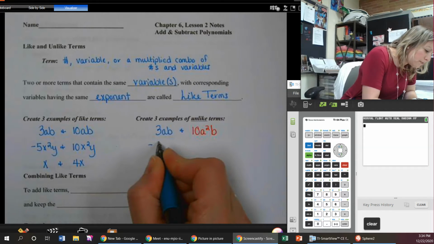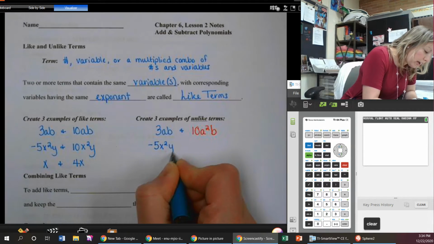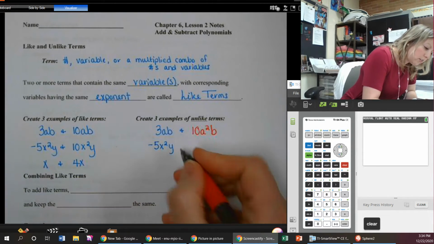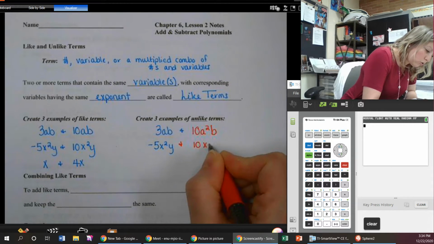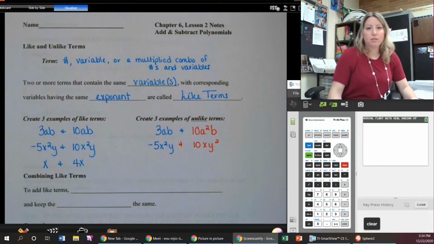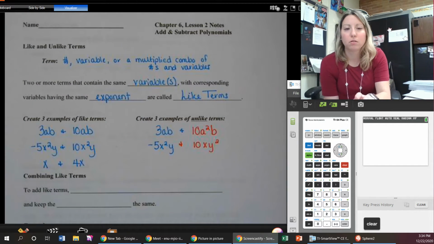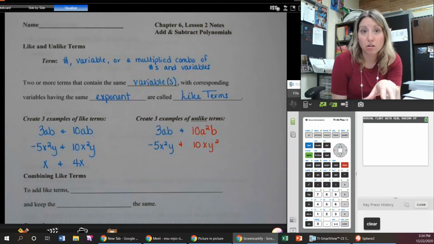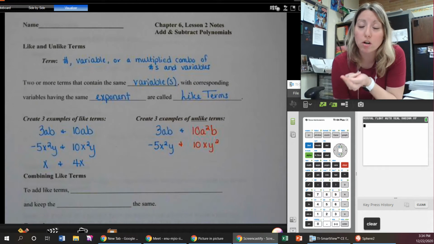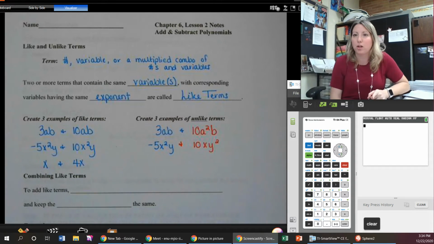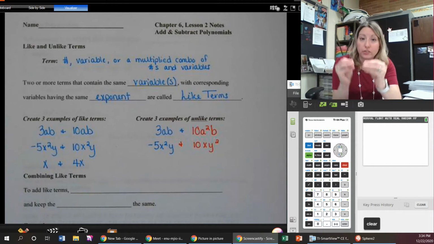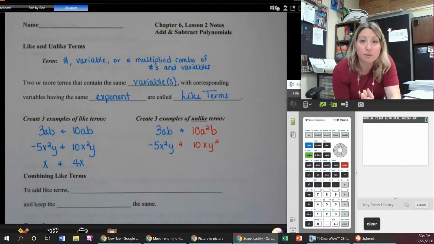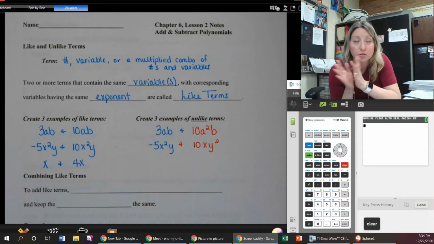Sure, negative 5x squared y and 10xy squared. They're unlike terms. The same variables are present, the same power is present, but not on the same variable. And that means that they are not the same. Okay, they're not like variables. They could not add or subtract together.